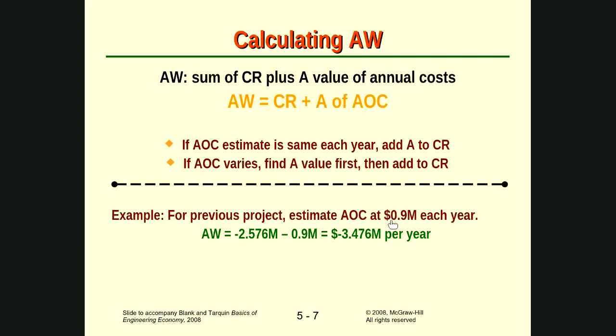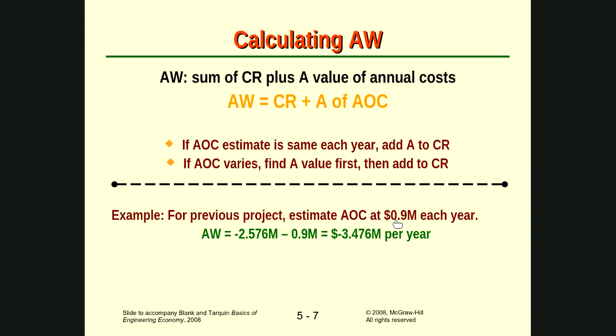No need to convert it because it is annual already. So it will be added to the capital recovery, and that will be the annual worth for that project. But if I ask you to find the capital recovery only, you do not include the 0.9 million, even if it was included in the question.